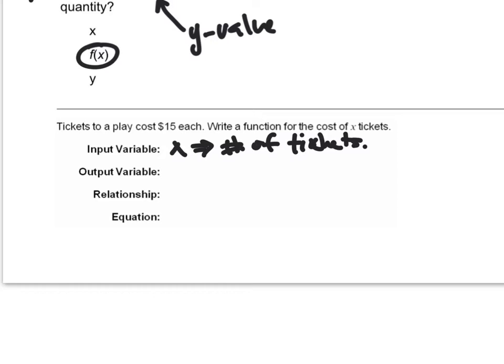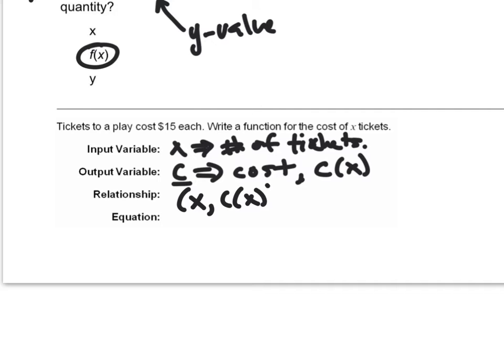I'm going to call this function C of x, the cost depending on however many tickets you sell, just like f of x. The ordered pair is (x, C of x). C of x is your y value in this case.